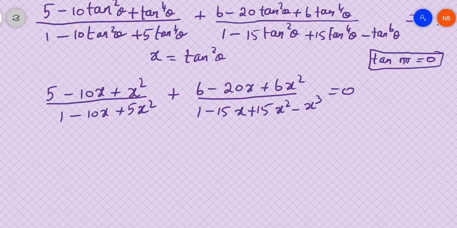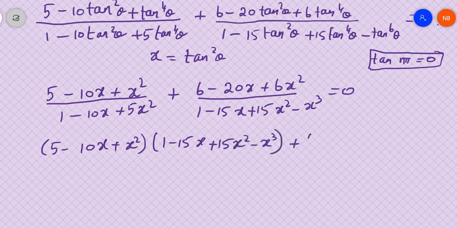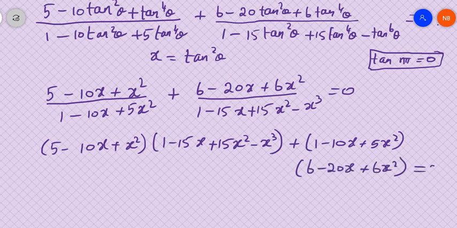So we can equate only the numerator to 0, because when the denominator goes to the other side, 0 multiplied by any number is however 0. So equating the numerator to 0, we get (5 minus 10x plus x square)(1 minus 15x plus 15x square minus x cube) plus (1 minus 10x plus 5x square)(6 minus 20x plus 6x square) equal to 0.